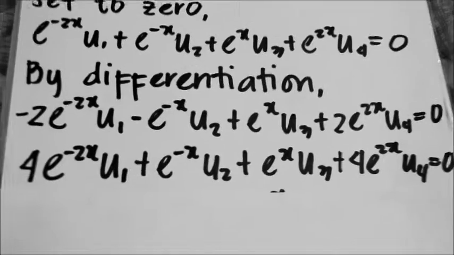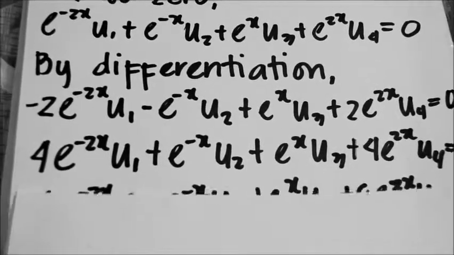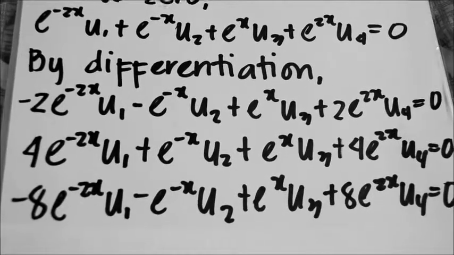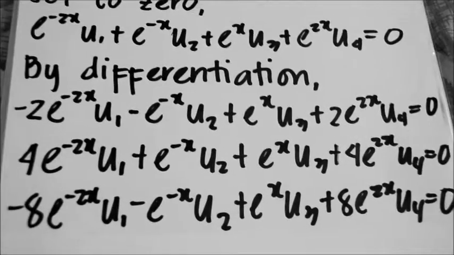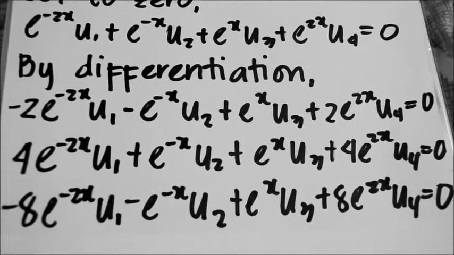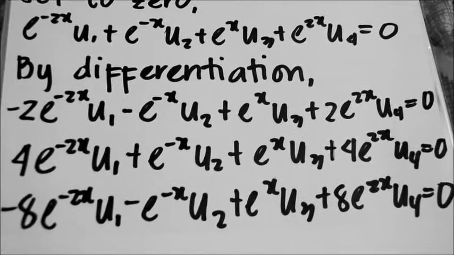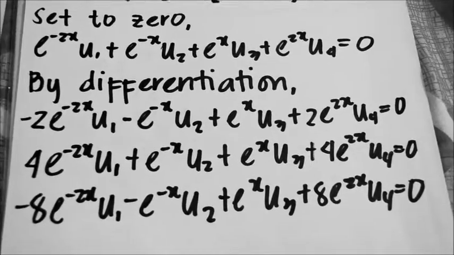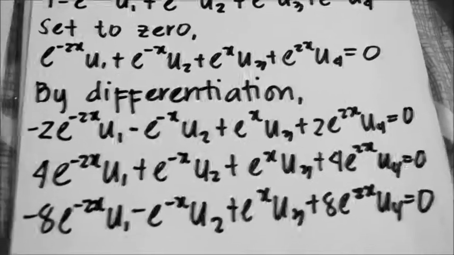And last, differentiate this, we will get negative 8 e to the negative 2x u sub 1 minus e to negative x u sub 2 plus e to the x u sub 3 plus 8 e to 2x u sub 4 equals 0. So with this, we can now solve for the Wronskian.